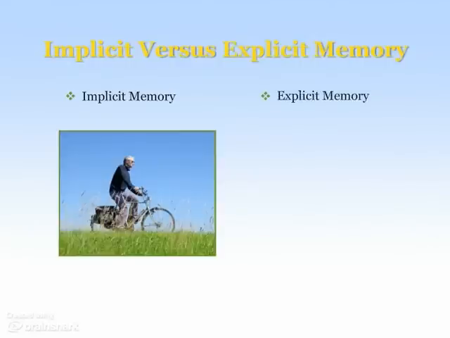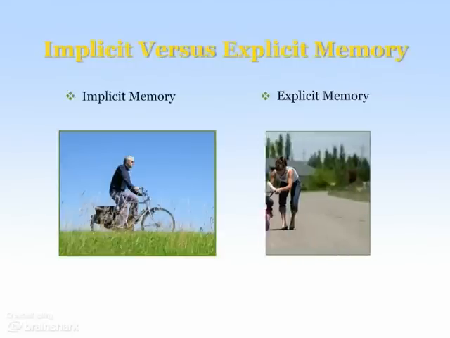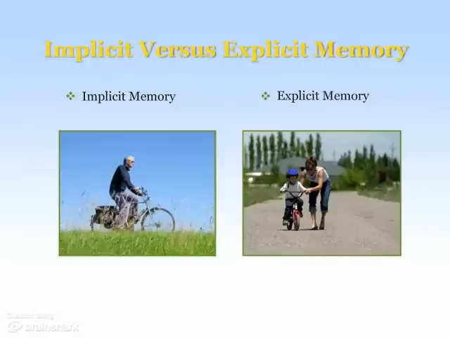Now, explicit memory comes online, or we start to develop it at around age 3 because it takes our hippocampus, and the hippocampus doesn't fully develop in our brains until we're about 3 years old. Now, unlike implicit memories, explicit memories feel like you're remembering when you tell them. So if I asked you to tell me the story of how you learned to ride a bike, you would tell me a story, right? And it would feel like you were remembering that story from your childhood.